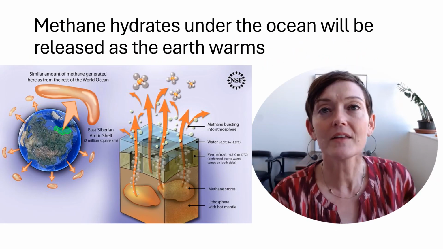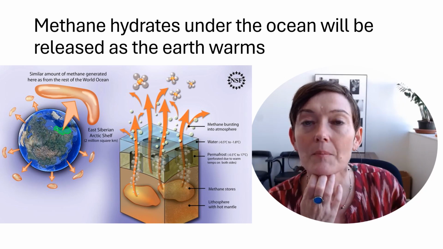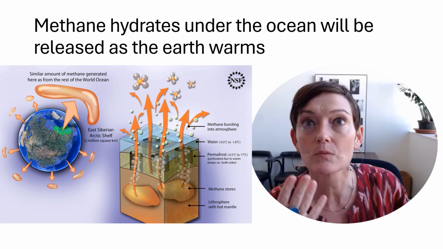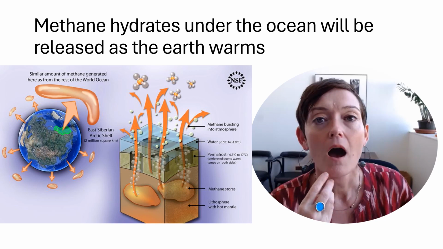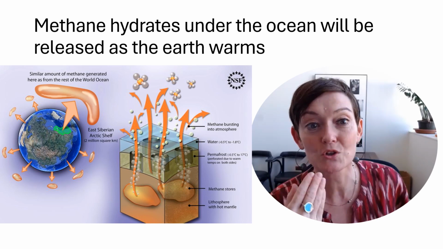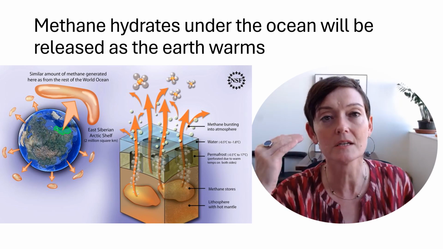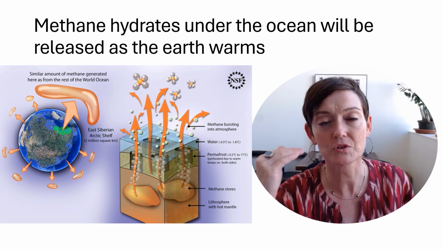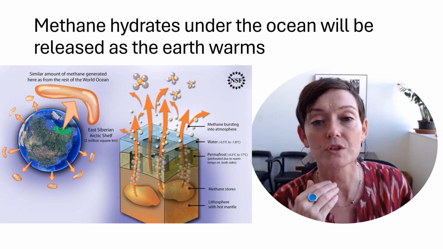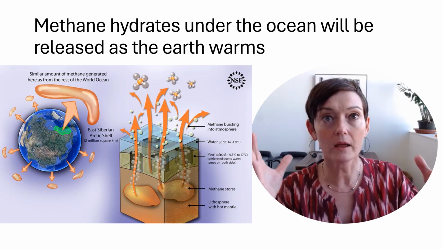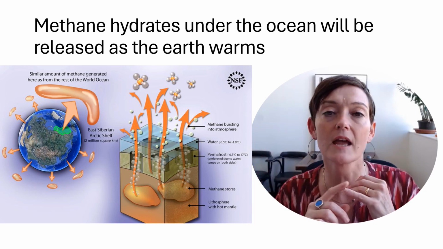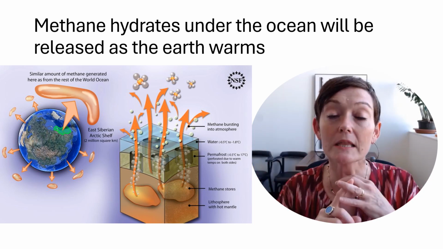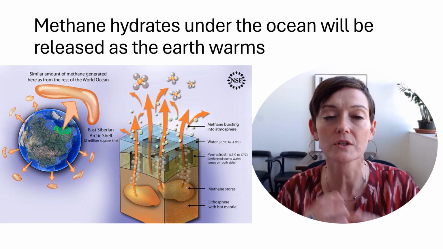So another thing that is not happening right now in the same way that some of the rest of these things are happening already, but that is mentioned in the book, which could happen if we continue to see increased temperatures in the oceans, or increased melting of the ice sheets and Greenland, which is largely ice.